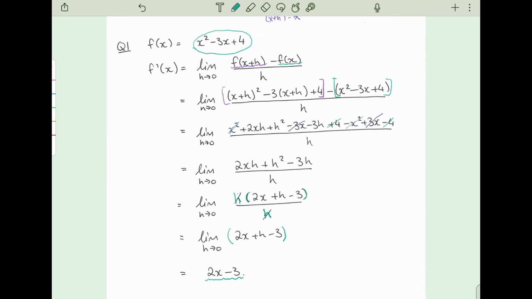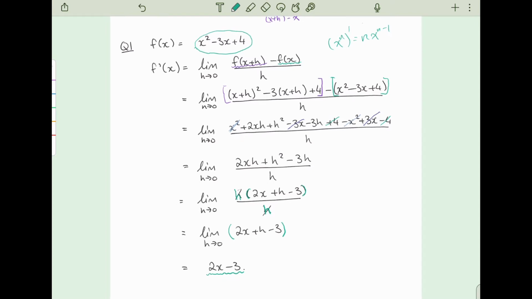And it's very easy to verify that the derivative of this, by using this formula, the power rule, that is n x to the n minus 1, is 2x minus 3. The 4 at the end is a constant. The derivative of any constant is 0. Just pay attention to that. So that is our question 1.